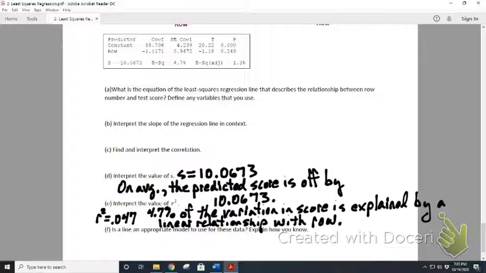And lastly, let's say whether or not the linear model is appropriate, and I would say no. Row and score do not appear to be linearly related.